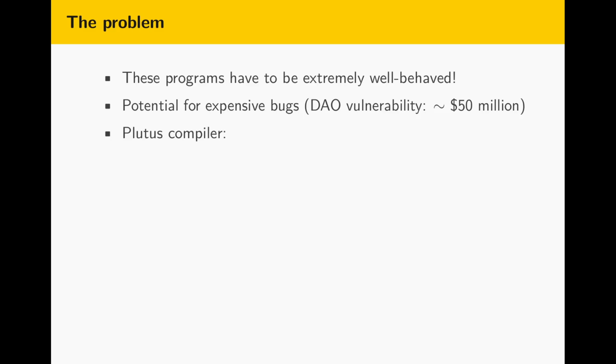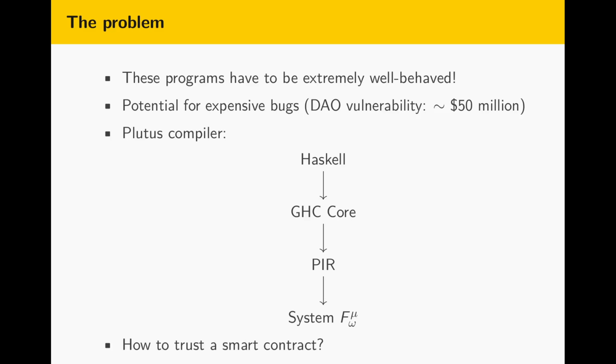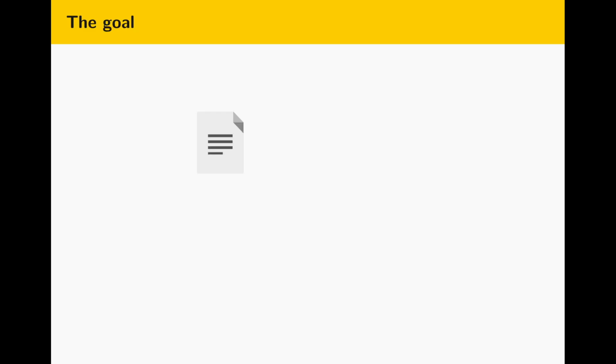In the case of the Cardano blockchain, there is the Plutus compiler, and it allows you to write a smart contract in the high-level language Haskell, which is then compiled down through a few intermediate languages to an explicitly typed lambda calculus based on System F. The real question now is, how can I trust such a smart contract? You could say, just give me the source code and I will inspect it, or I might formally verify it.